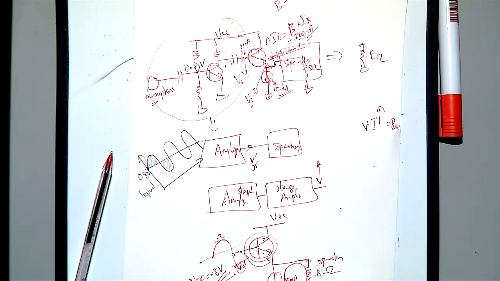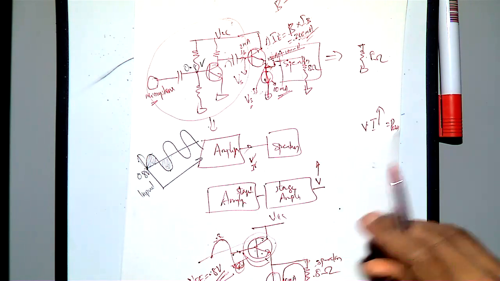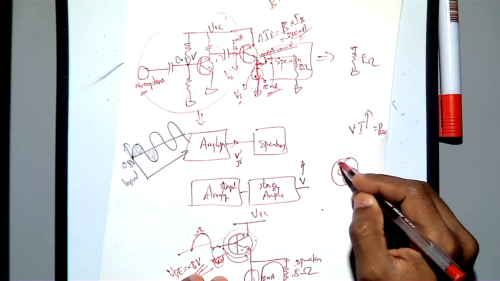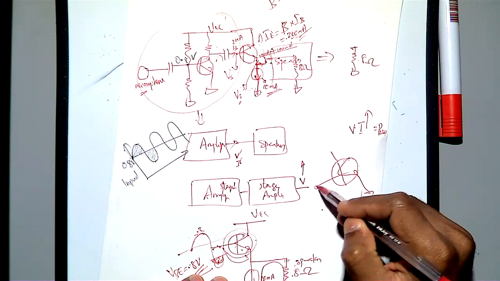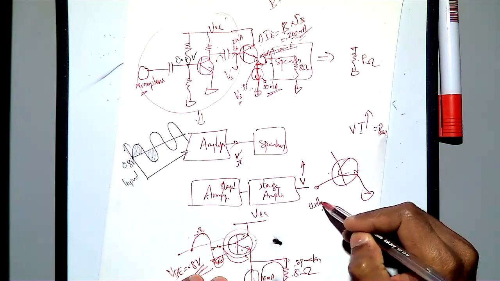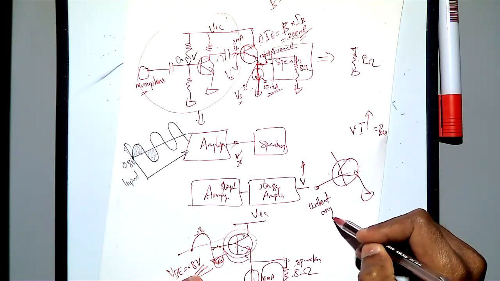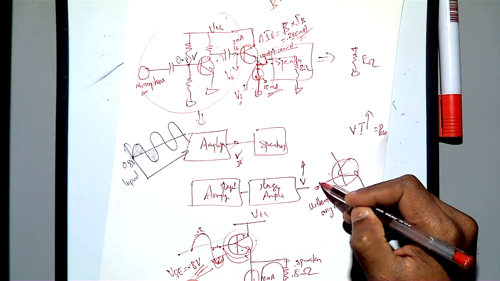Here the problem is you are directly connecting the signal here. When you directly connect your signal to the input of the amplifier, your VB, you know what I meant? This issue happened. Why? Because you've got this amplifier without any bias. You are not connecting any bias. Without any bias, you are connecting some signal here.